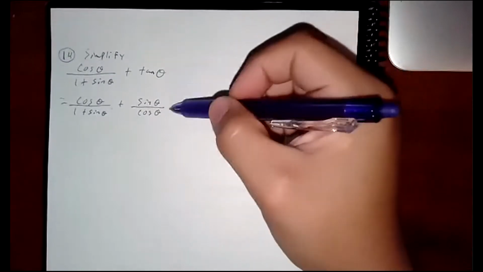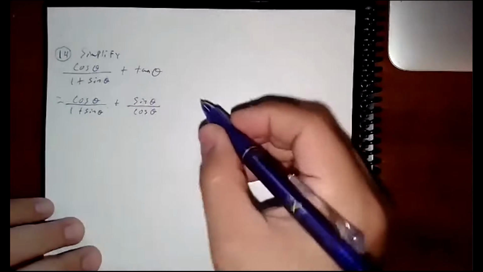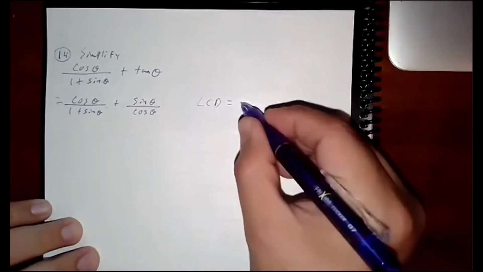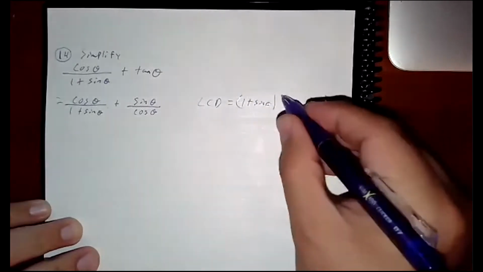So from experience, I know that usually you should start by trying to add fractions and see if something simplifies or combines using your identities. So right now I notice that there's an LCD of 1 plus sine and cosine.